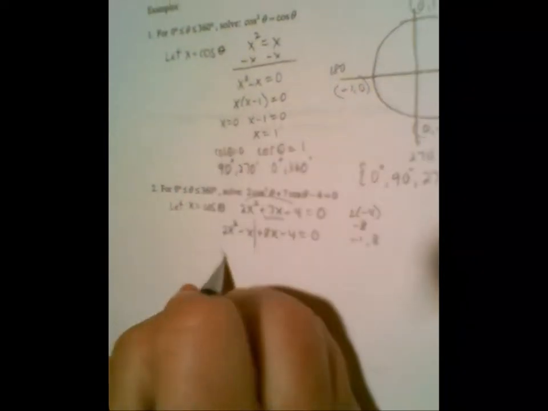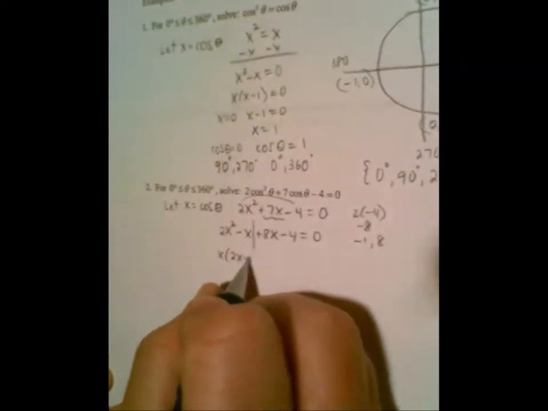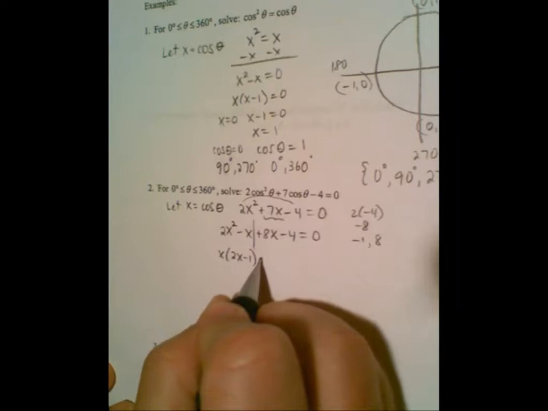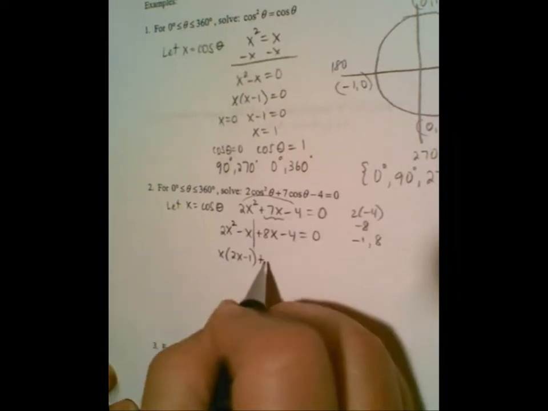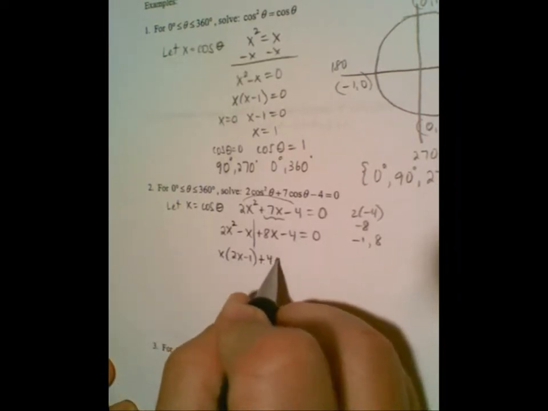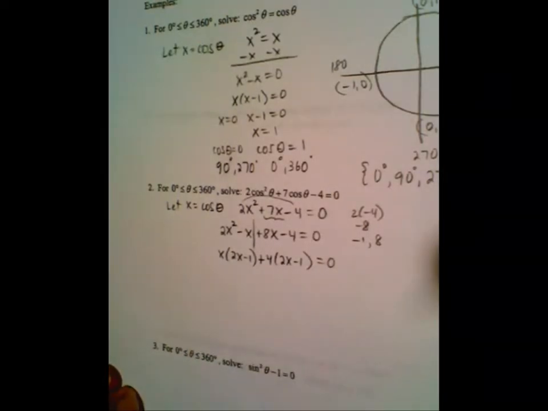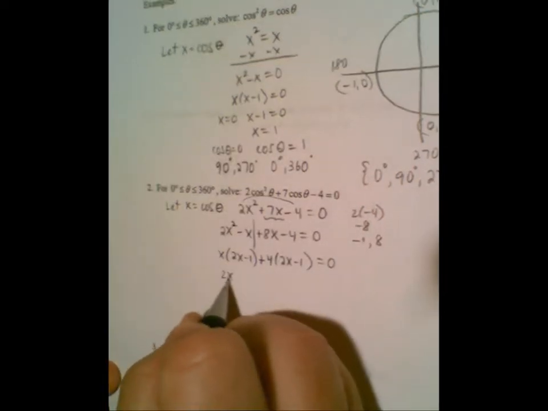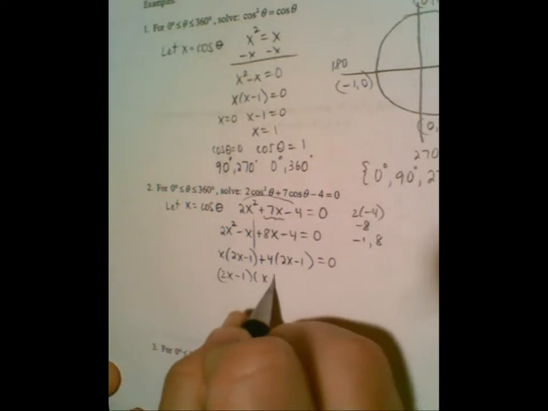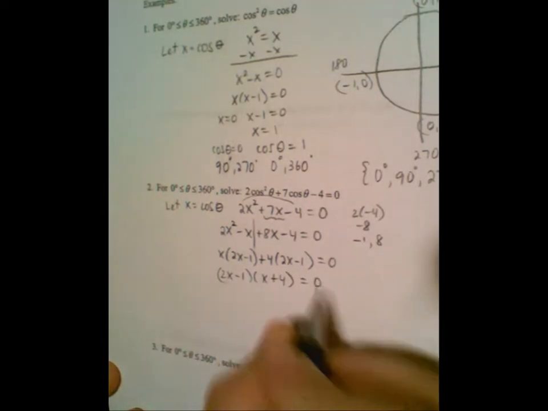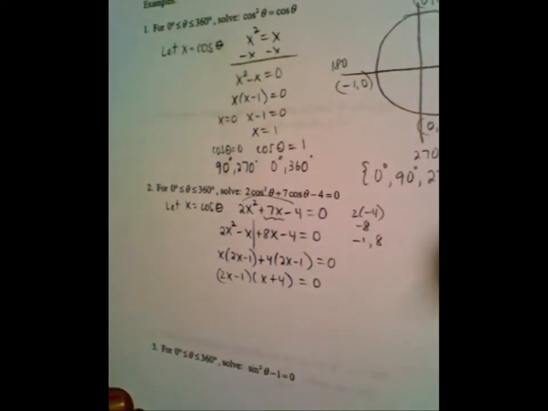So you have x times 2x minus 1, the middle sign always comes down, plus 4 times 2x minus 1 equals 0. Then you write down what is in parentheses and then what's not. So we have 2x minus 1 times x plus 4 is equal to 0.